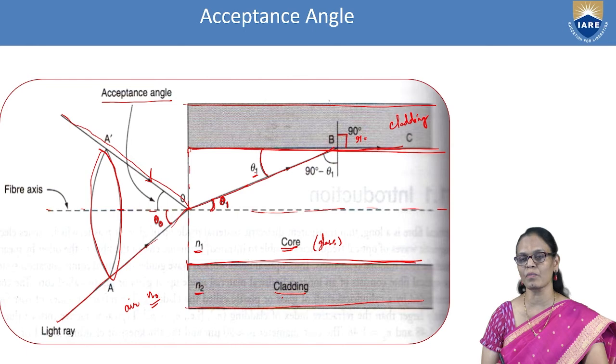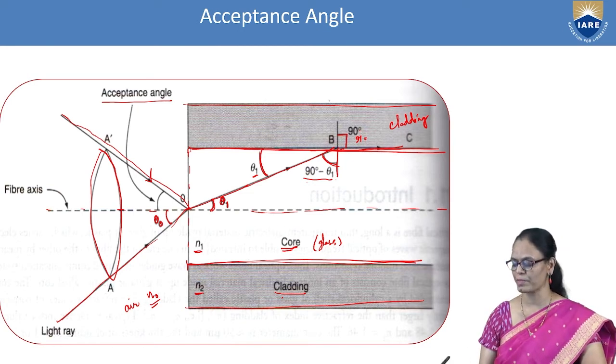Since this is a right angle, this angle will be 90 minus theta 1. So this becomes the angle of incidence here and this is the angle of refraction. With this we will move forward to derive the expression.